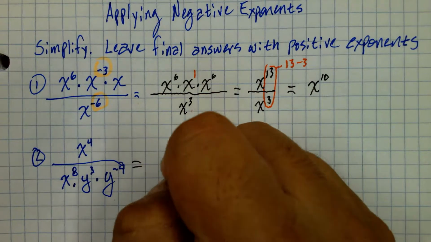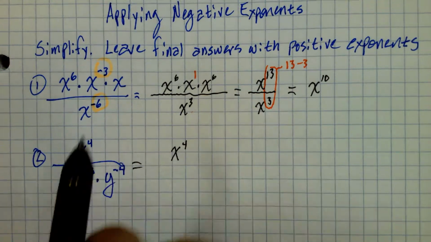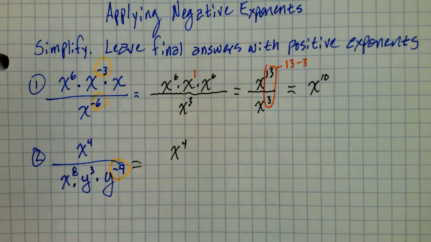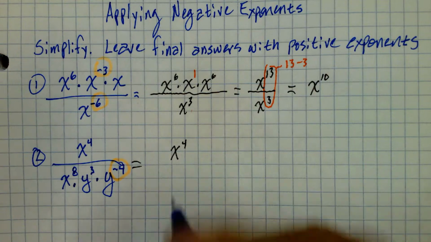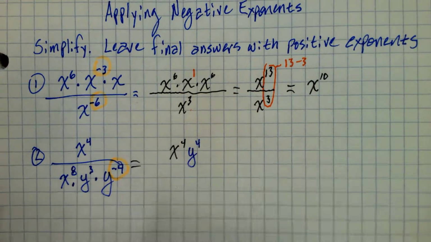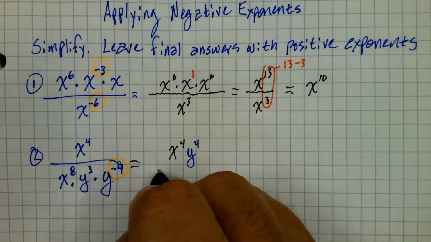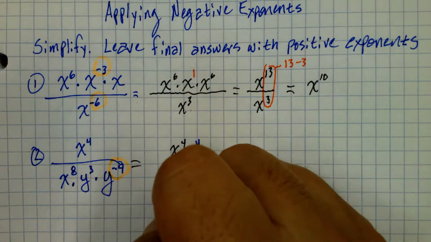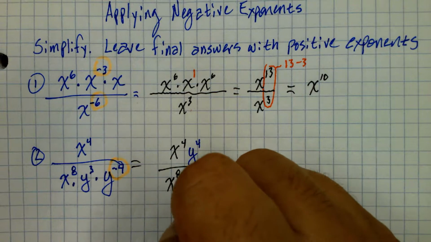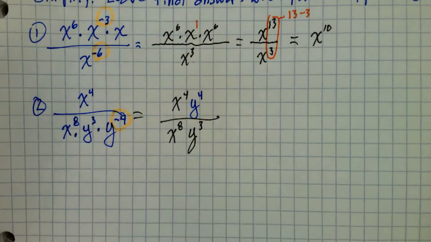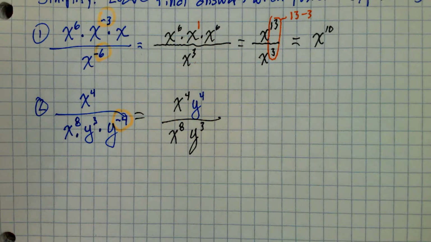So we still have x to the 4. This negative 4 goes to the numerator. And x to the 8th was happy here. Y to the 3rd was happy there. Okay.